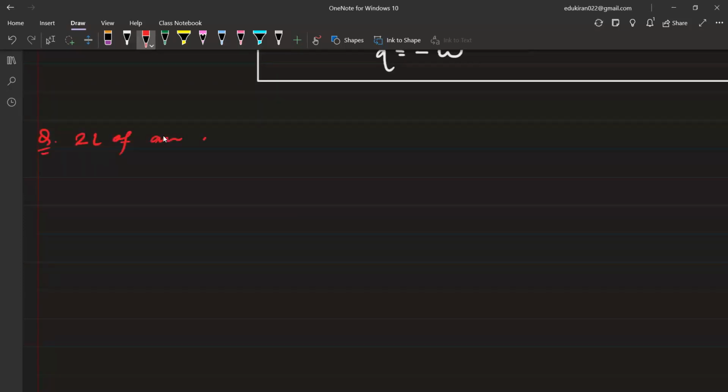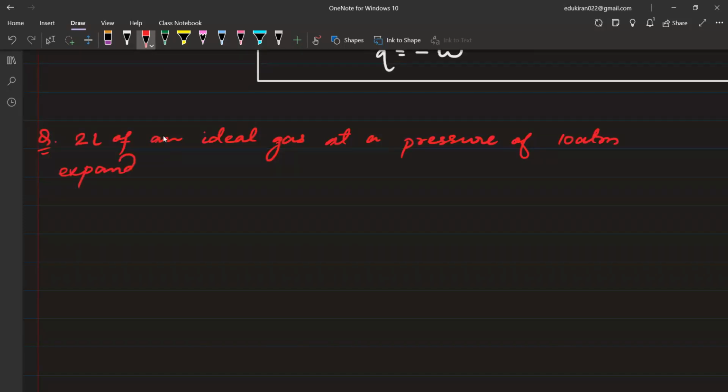2 liter of an ideal gas at a pressure of 10 atm expands isothermally at external pressure of 1 atm.